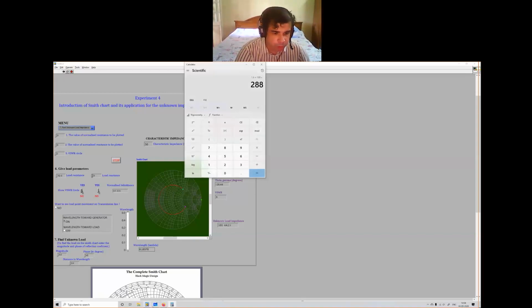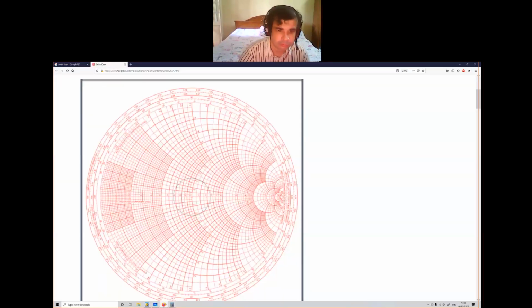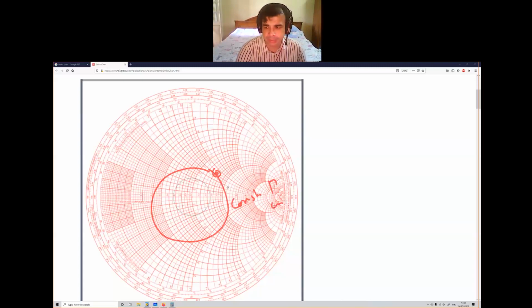If this was my point on the Smith chart, once again I do it roughly, I draw a constant gamma circle, and we move 288 degrees in the clockwise direction.